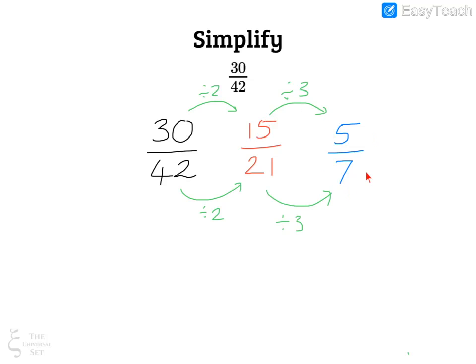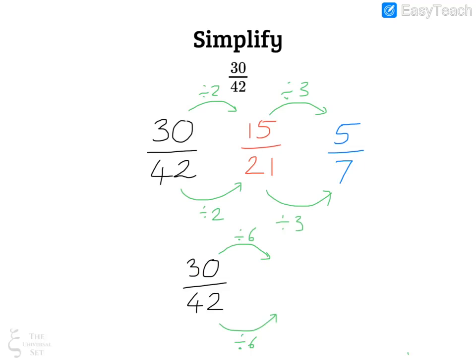Now what you might have been able to do is spot straight away that actually there's a bigger factor that we could have divided by, because both of these are actually in the 6 times table. So if we'd started with our 30 over 42 and gone straight away to dividing by 6, dividing by 6, we would have got straight away to our answer, which was 30 divided by 6.